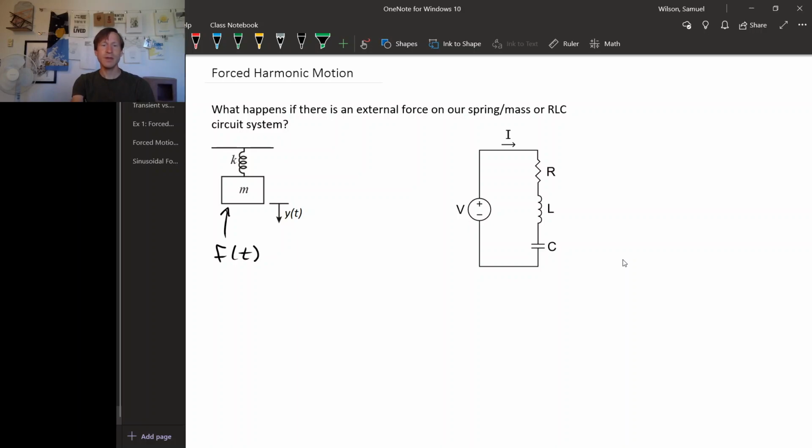So the forces involved are now this external force. There's this spring force, which is minus ky. And then there is the damping force, which is minus beta y prime, assuming it's an inertial damping.